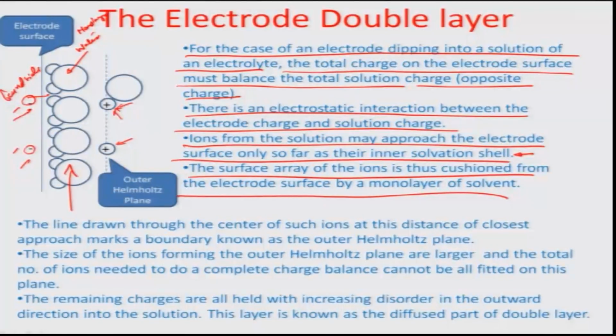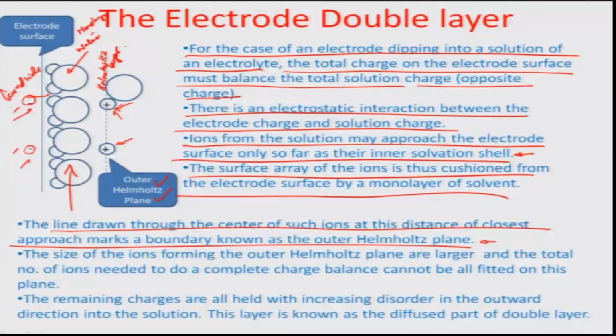The line drawn through the center of such ions at this distance of closest approach marks an imaginary boundary, and we commonly know of it as an outer Helmholtz plane or a Helmholtz layer. So this is the Helmholtz layer.